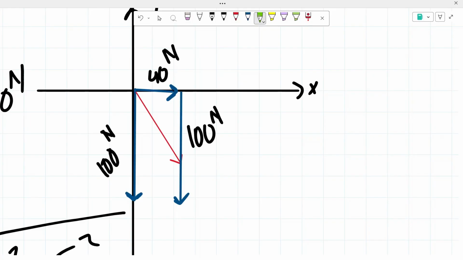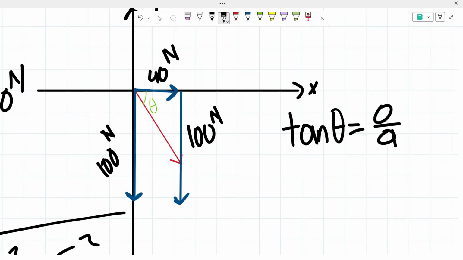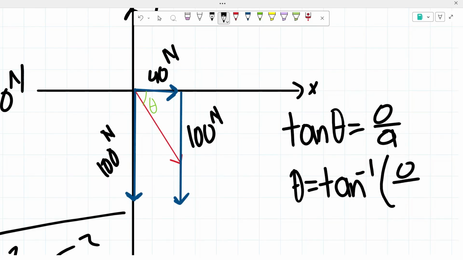And we're trying to find this angle. We'll call that angle theta. So we know the value of the opposite side of that angle and the adjacent side of that angle. And if you guys remember, tangent theta is equal to opposite over adjacent. That means that theta is equal to the tangent inverse of opposite over adjacent.